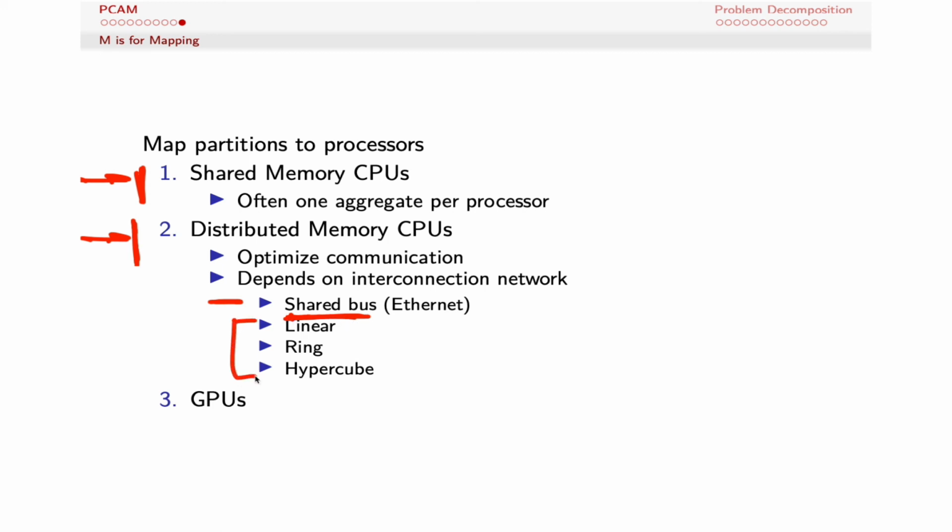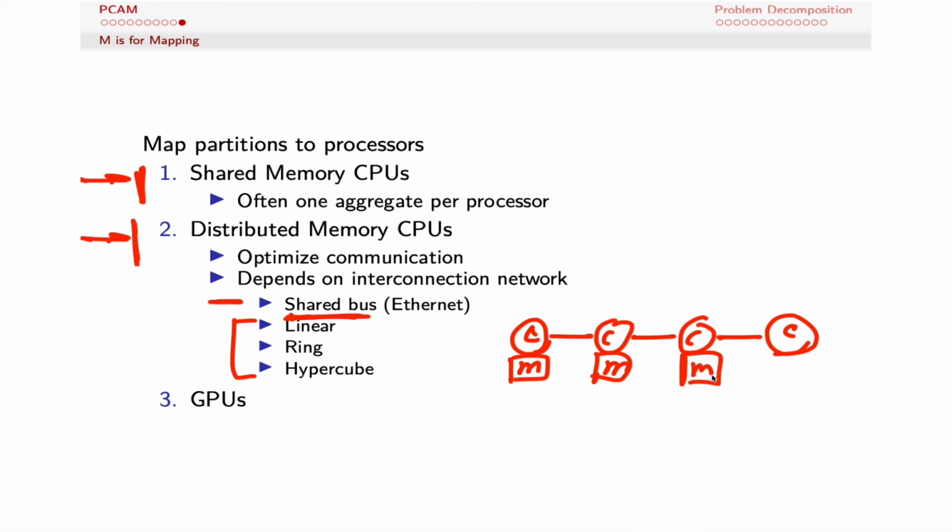There are other interconnects that have been used in parallel computers. For example, a linear interconnect would have each of the CPUs interconnected one to the next. If these are the individual computers, the C's, of course they have their own local memory, as we've seen in the previous talks. If you partitioned the image into four columns of pixels and gave one to each of these computers, there would have to be a definite communication step between each pair.